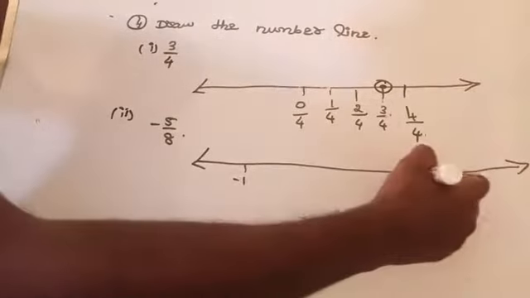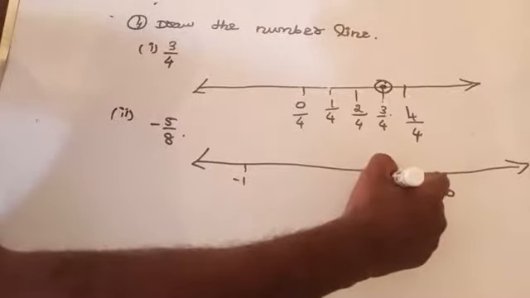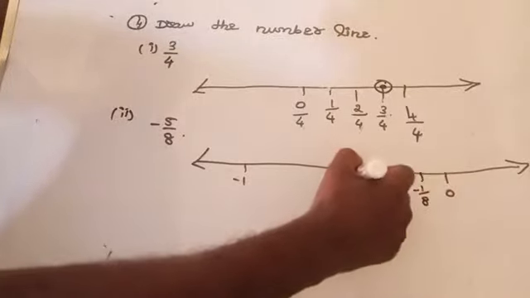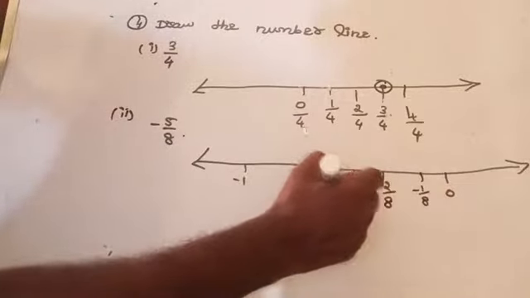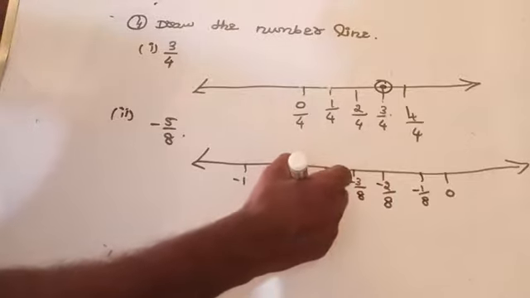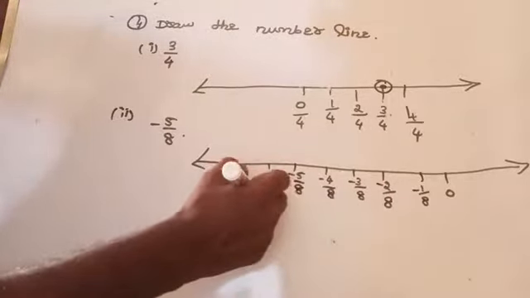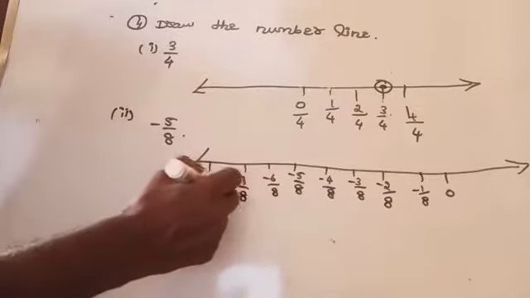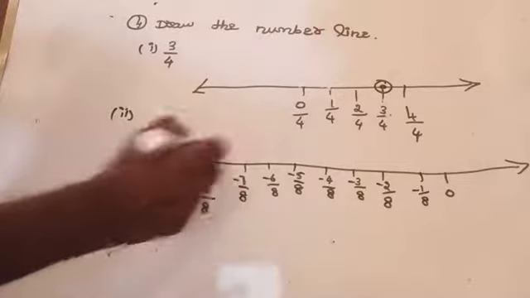So 0, then minus 1 by 8, minus 2 by 8, minus 3 by 8, minus 4 by 8, minus 5 by 8, minus 6 by 8, minus 7 by 8, minus 8 by 8. Minus 8 by 8 means minus 1.